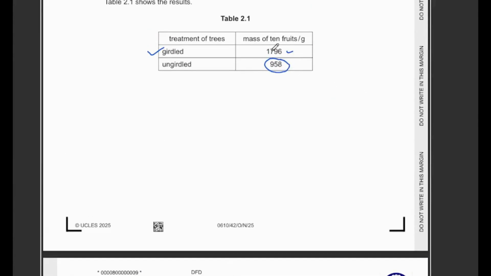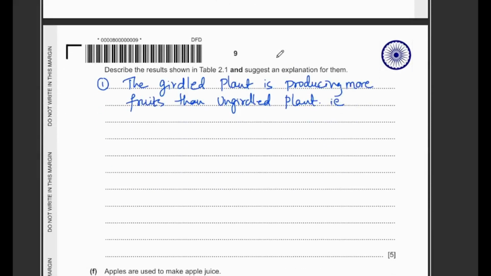This is the mass of 10 fruits, this is 1000, and this is 958. So this is what we have. The girdled plant is producing more fruits than the ungirdled plant, compared with the data. Fine.